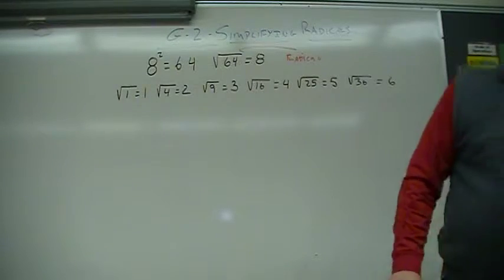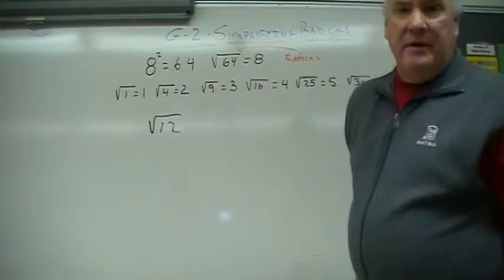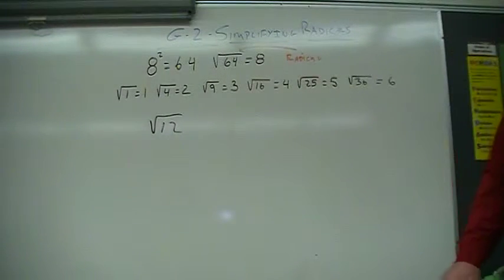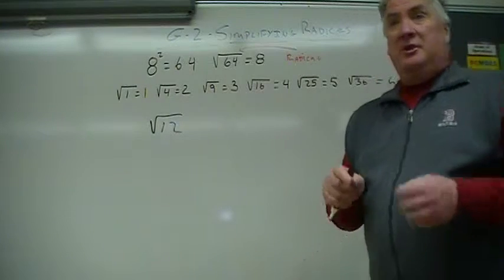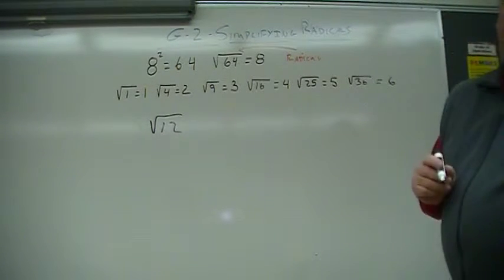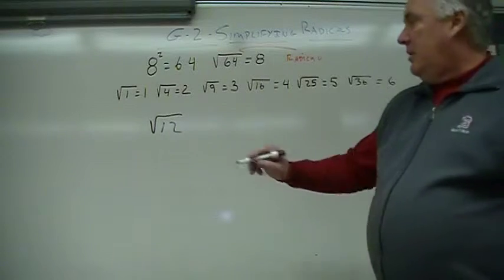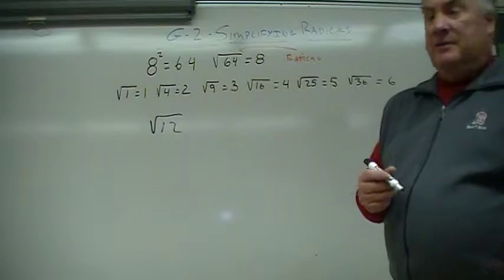So the first thing we're going to do is this. If I give you the square root of 12, simplify it. What you used to do was punch in your radical sign, then 12, and you get an answer of 3.4 or 3.5. We're not going to do that in this assignment today. We're going to learn a different skill today.